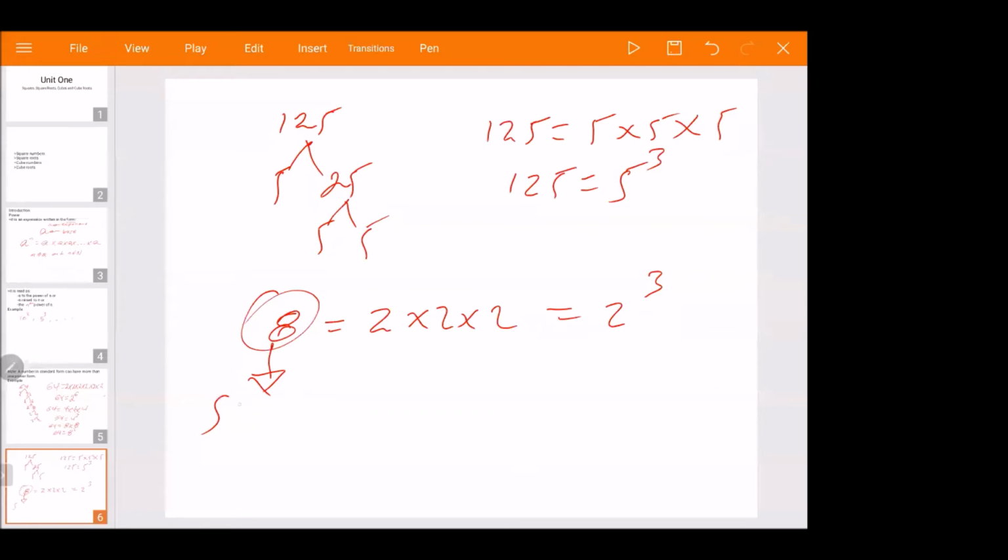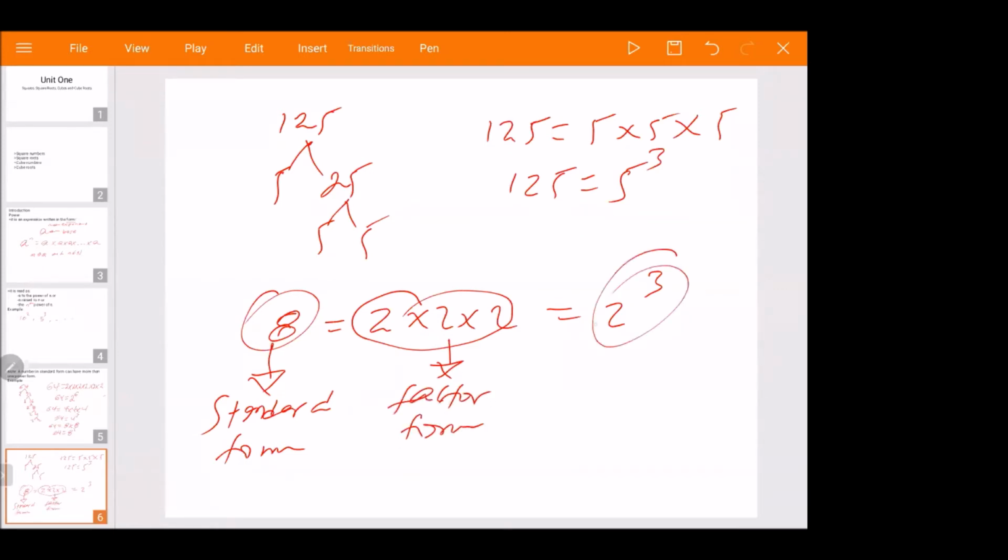This form is called the factor form. And this form is a power form. In power form, remember, the number written in this position is called the base, and the number written in this position is called the exponent.